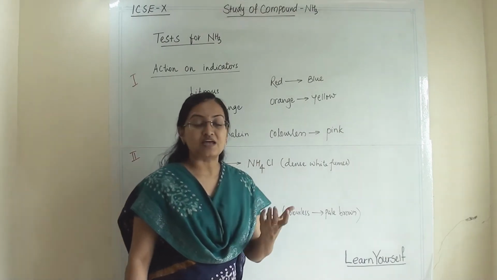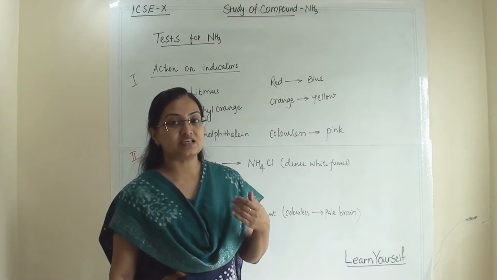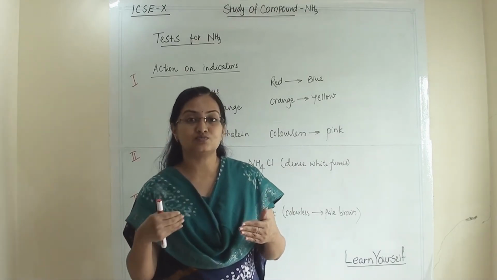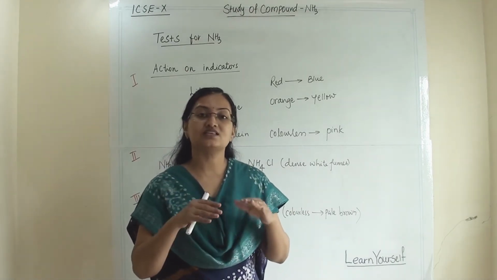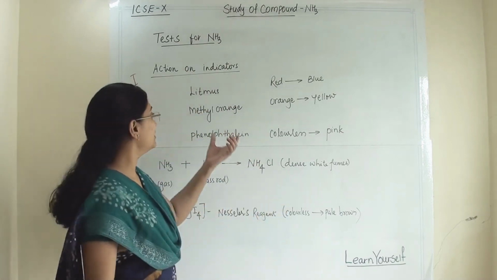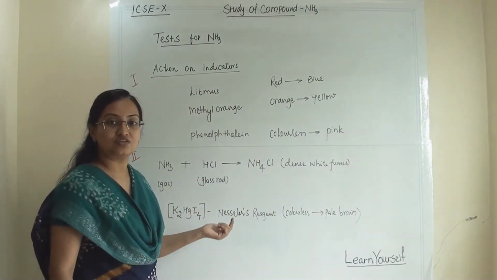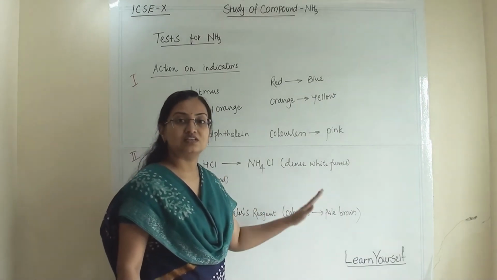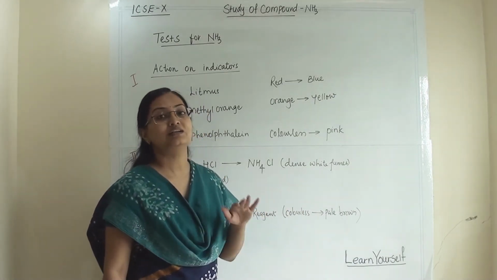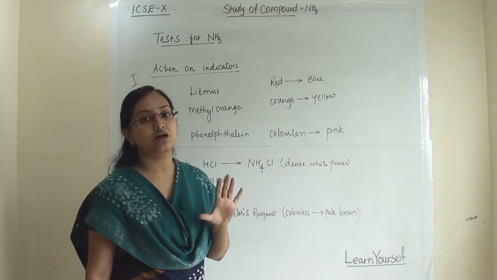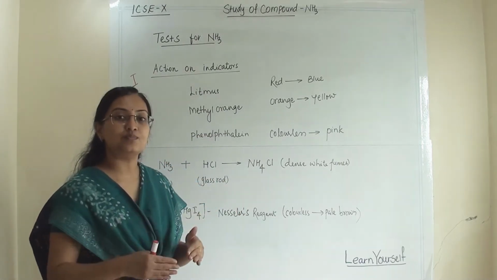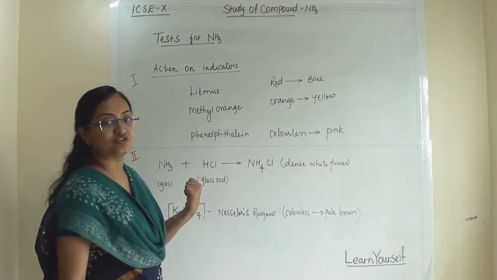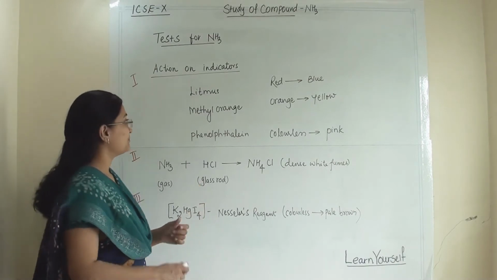Once you suspect it is ammonia, you perform a certain reaction, and if it gives a positive result, that confirms that this gas is ammonia. For that purpose the identification tests are important.